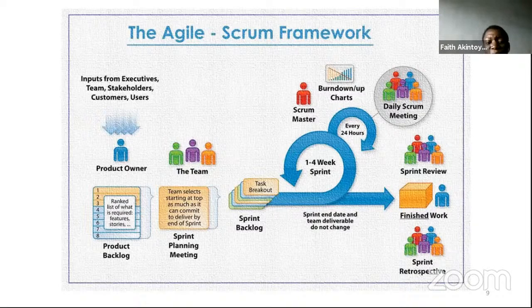Then there's a task breakout, and a date allotted for each of these tasks. So there is a daily scrum meeting, sprint review, sprint retrospective, until the final project is delivered.